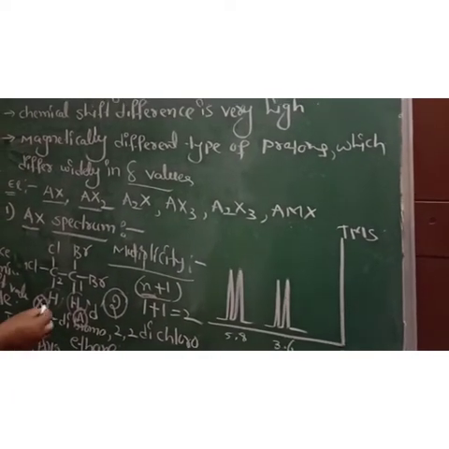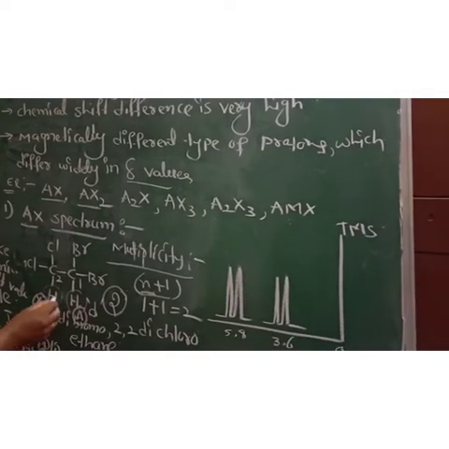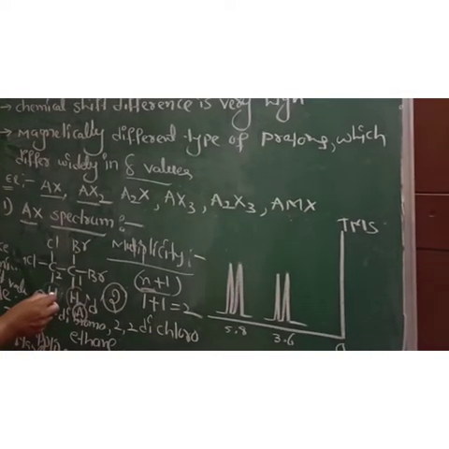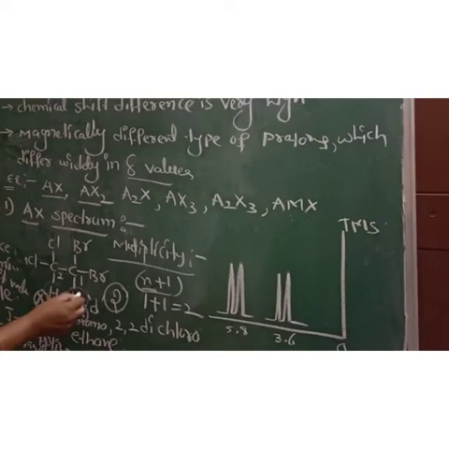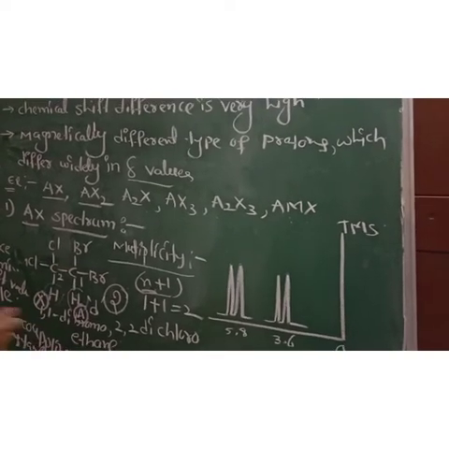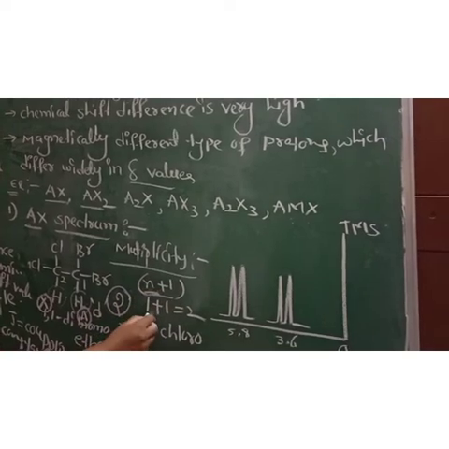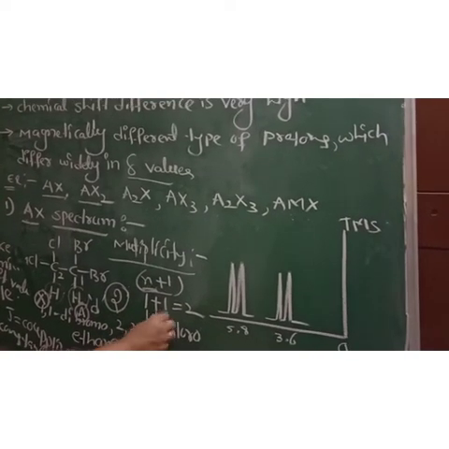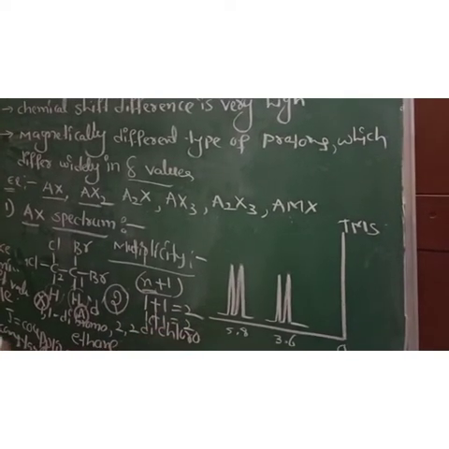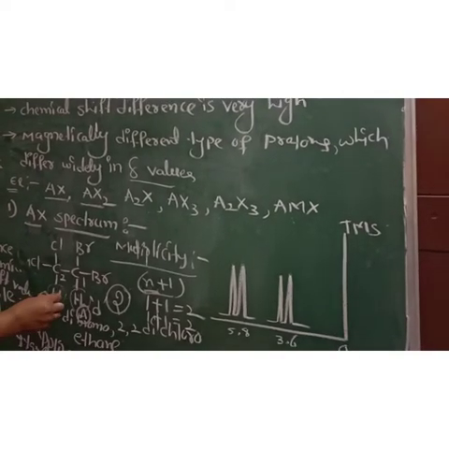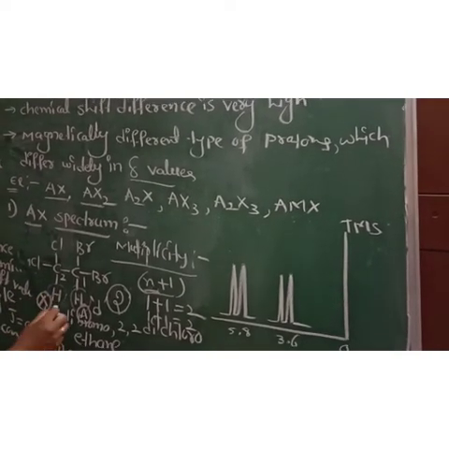Similarly, the second type of proton, the X type of proton, also has only one adjacent proton on the neighboring carbon. In the n plus 1 rule, the adjacent proton is 1, and 1 plus 1 equals 2. So this X type of proton also gives a doublet in the spectrum.